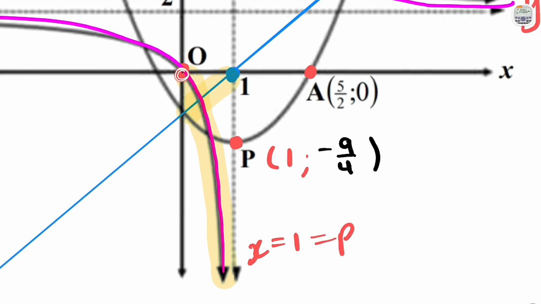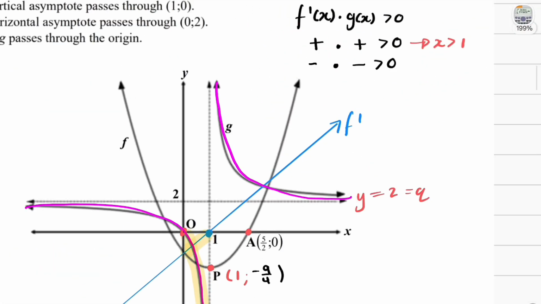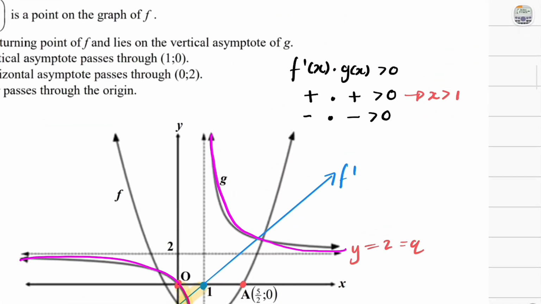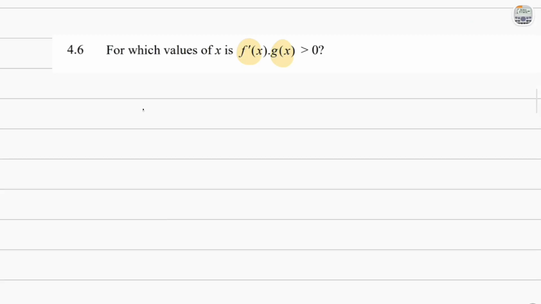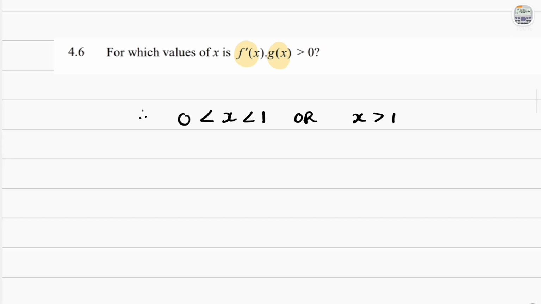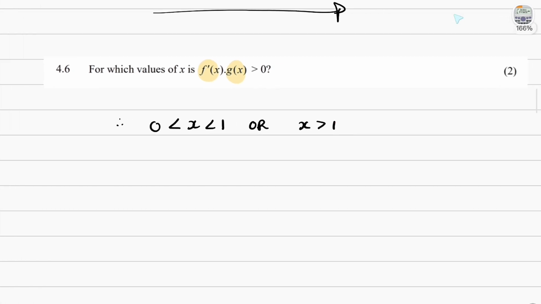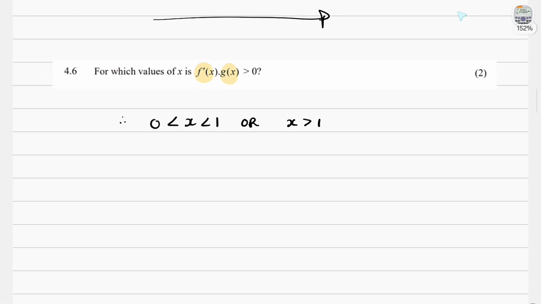It can't be equal to 0 because they didn't ask for values greater or equal to 0, just greater than 0. So in this case, x is going from 0 to 1, values greater than 0 but less than 1. And these will be our two answers. So therefore, x is greater than 0 but less than 1, or x is greater than 1, and that is our answer. Okay, moving on to the next question.